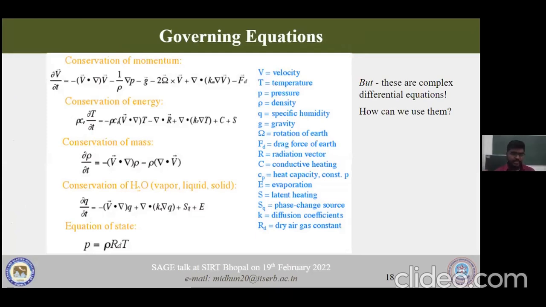They are non-linear, and we can't solve them analytically. So we solve them numerically on a grid, and it is a lot of computation. Right now the fastest supercomputers are used for weather and climate. This is how complicated the system is.